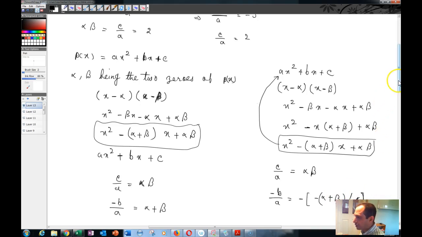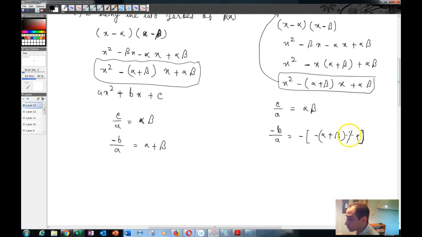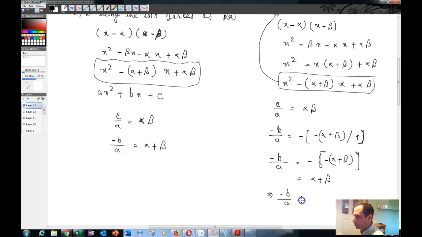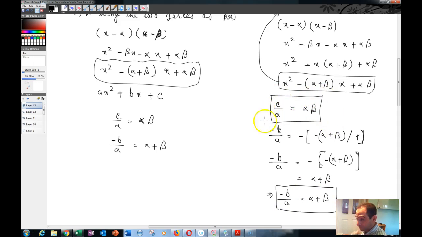Okay, and that is equal to, negative b by a is equal to negative of negative alpha plus beta. Okay, and then that is equal to alpha plus beta. So that means that negative b by a is equal to alpha plus beta. So that's basically how they have gotten these relationships between alpha, beta, and a, b, and c.